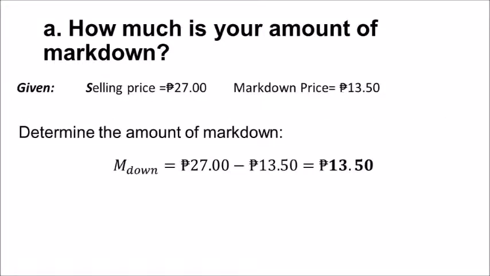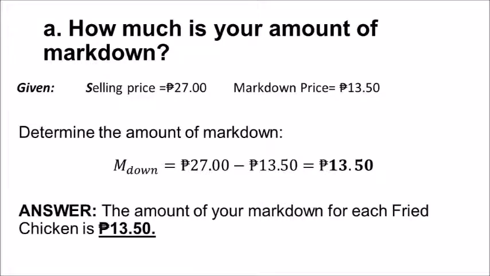Now, your next step is to determine the amount of markdown using this formula. You simply deduct the sale price from the original selling price, which is 27 pesos. And now you have the amount of markdown of 13.50 pesos.